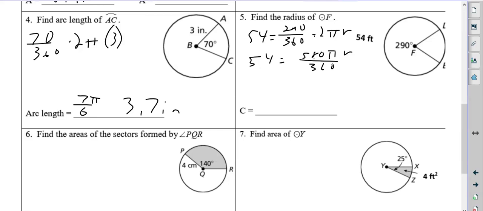And if we just crunch the numbers, we end up with a radius of 10.7. Okay, and remember, the circumference is 2 pi r, so double 10.7 and get 21.4 pi, or about 67.2 feet.